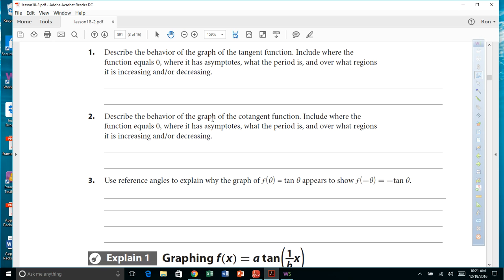Describe the behavior of the graph of the tangent function. Include where the function equals 0, where it has asymptotes, what the period is, and over what regions it is increasing or decreasing. So let's see here.